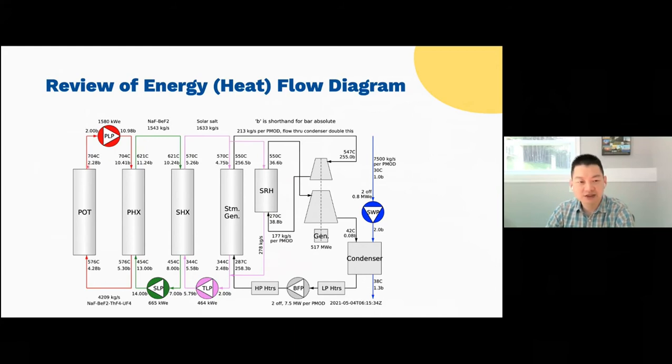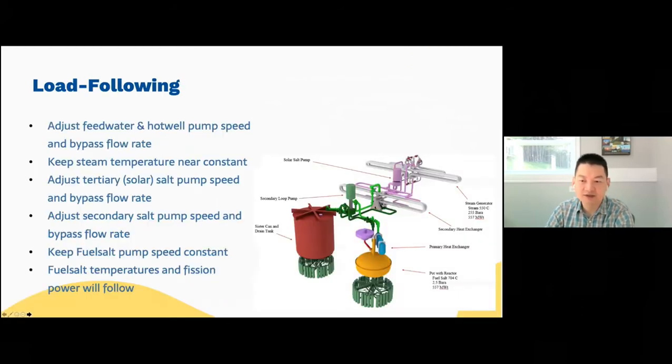From each loop, except for the primary loop, the secondary loop, tertiary loop, and steam loop, they have bypasses. So what we can adjust is the pump speed and the bypasses to follow the load. Exactly how we can do this, let's go to the next one.